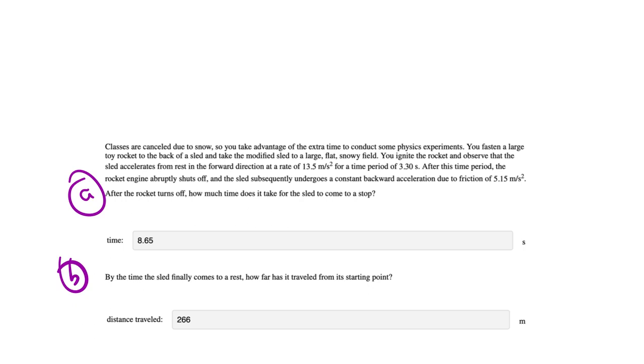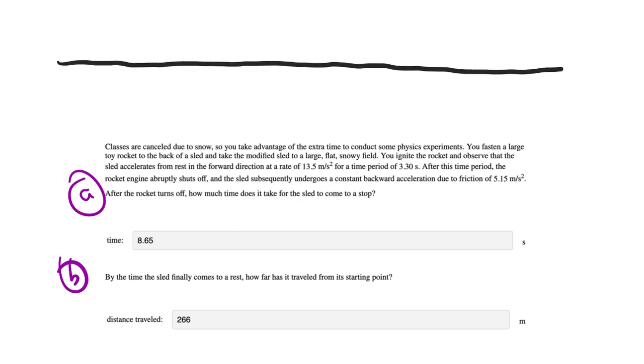Physics problems are easier if you draw a decent and well-labeled picture. So here's my snowy field, and here is the sled. It starts at rest, so v equals 0. The rocket accelerates it forward with something I'm going to call a sub 0, and that happens during some time.